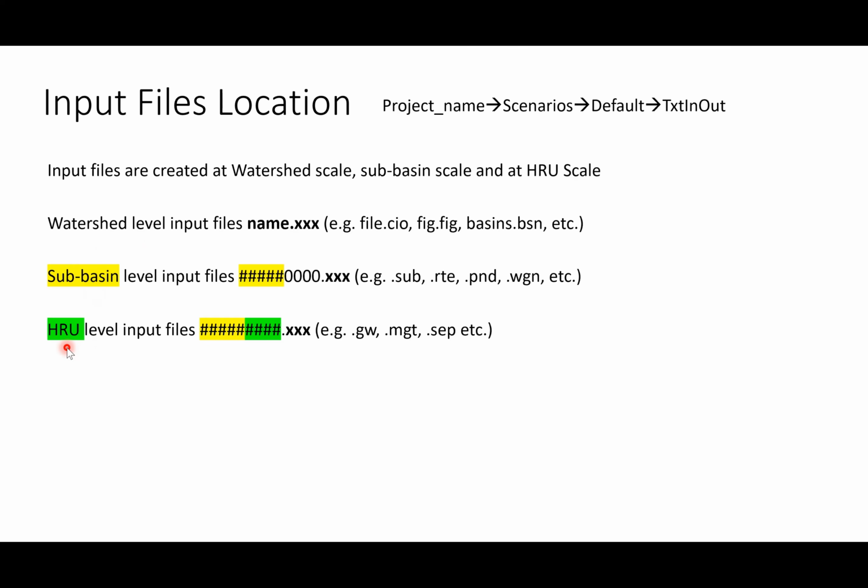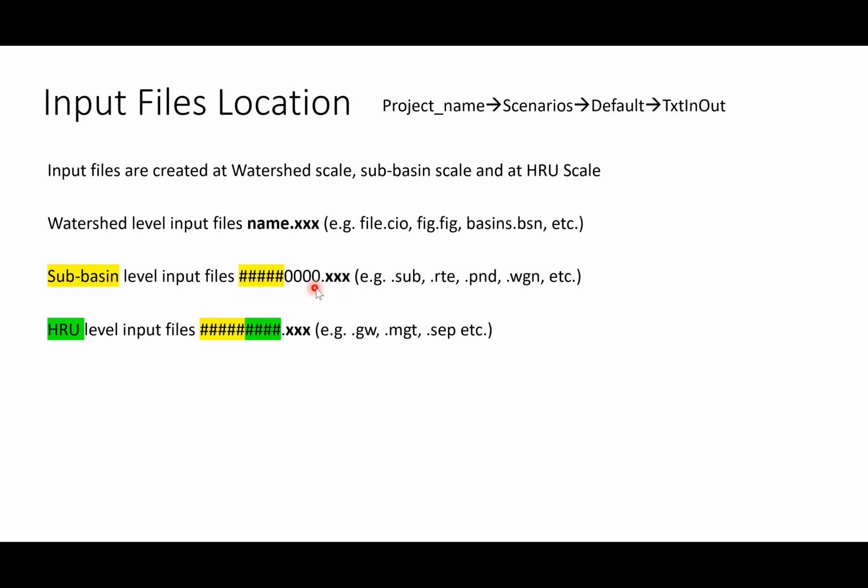Since it creates hundreds of files, the question is, how do we know which one is at the watershed level, which one is at the sub-basin level, and which one is at the HRU level? All the files at the watershed level will have some name and some extension. All the files at the sub-basin level will have some numbers corresponding to each sub-basin, and then there are 4 zeros after that and an extension.